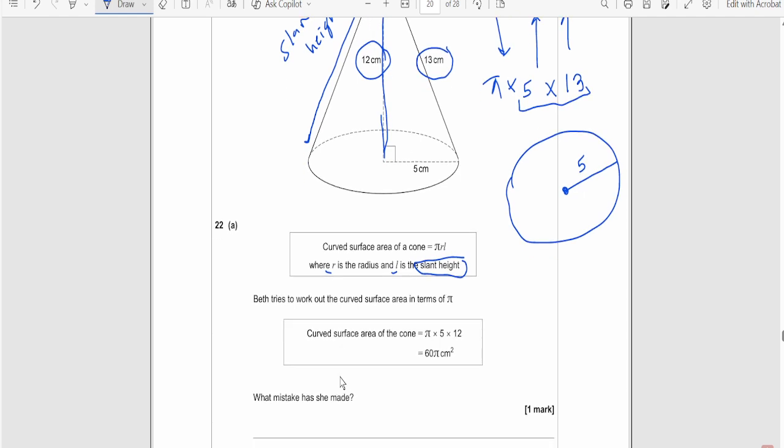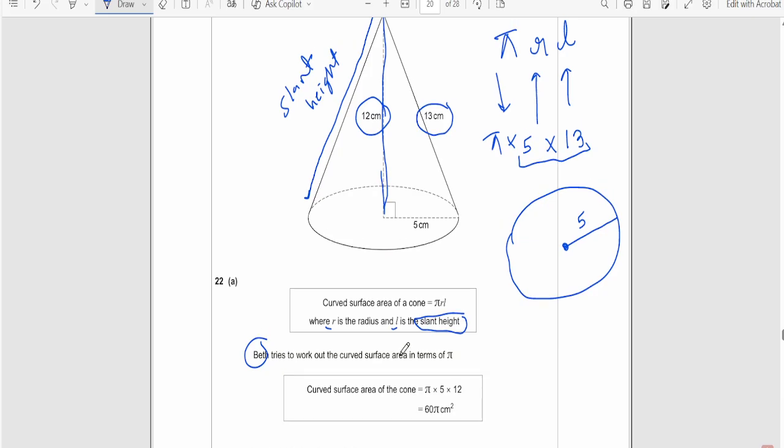But if you see here, Beth tries to work it out, and in place of l, what did she put? What is the mistake? She did 5 times 12. And 12 is this height, not the slant height. The slanting line is this, right?